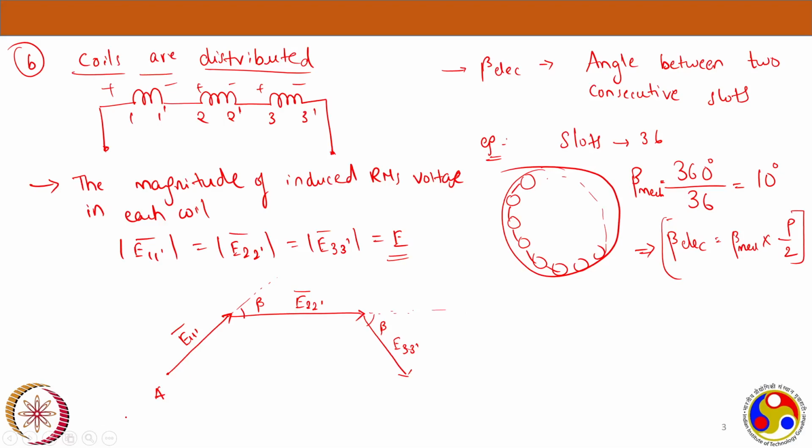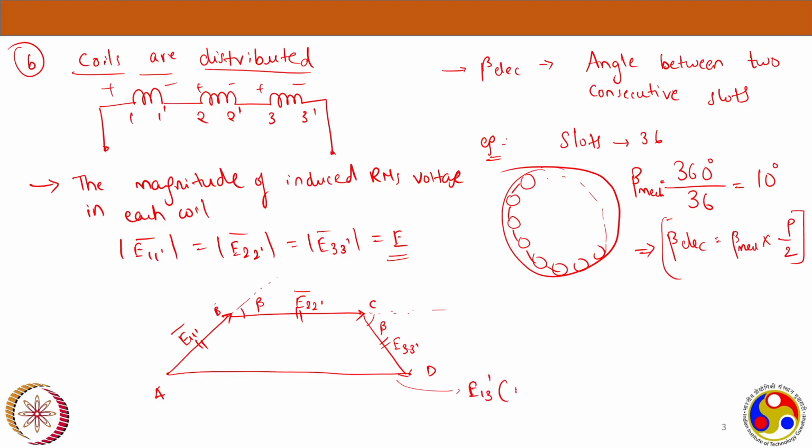Now, the magnitudes, as I said, they are same. Now, what will be the resultant? That is E13 dash, this part. A, B, if I call this B, if I call this C, and if I call this D, I'm interested in the AD, which is E13. I'm drawing it here.